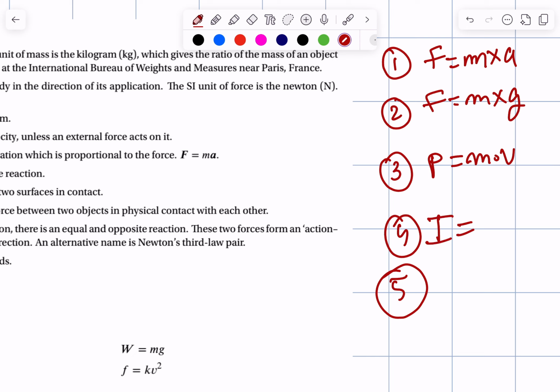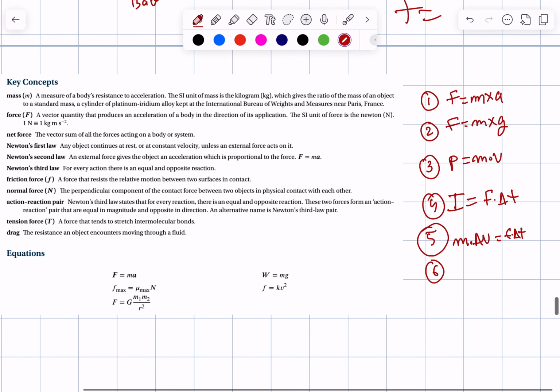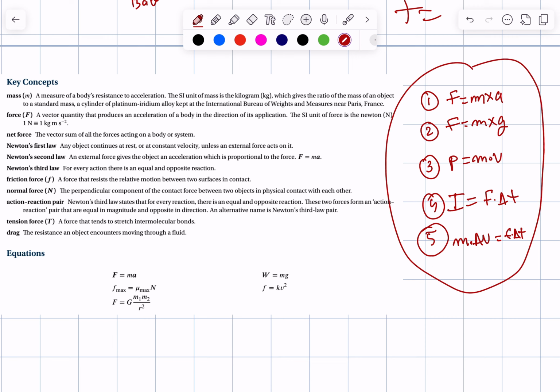Impulse is F dot delta T, and M dot delta V can be written as F dot delta T. Any other formula which I have taught you so far? Perfect, that's all. I hope these formulas are clear to everyone.